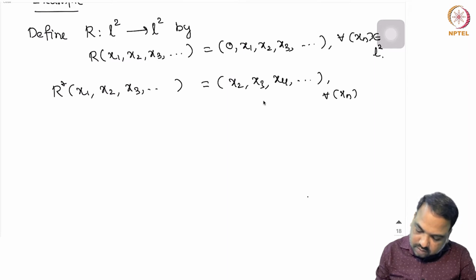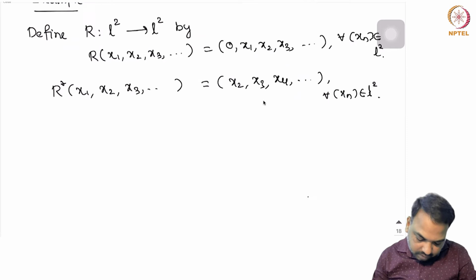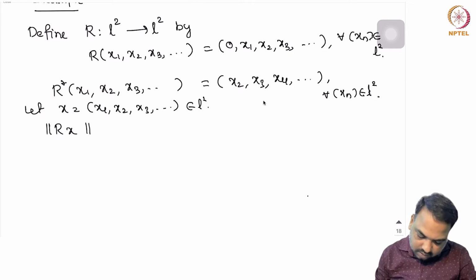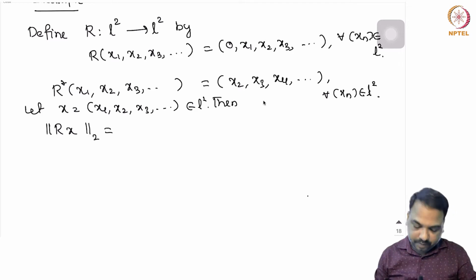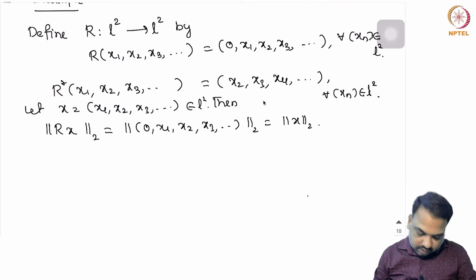So this is the left shift operator. Also, if we compute the norm of Rx, taking x as (x1, x2, x3, and so on), then the norm of Rx with respect to the L2 norm, that is the norm of (0, x1, x2, x3, and so on), is exactly norm of x. So we can say that R is an isometry.